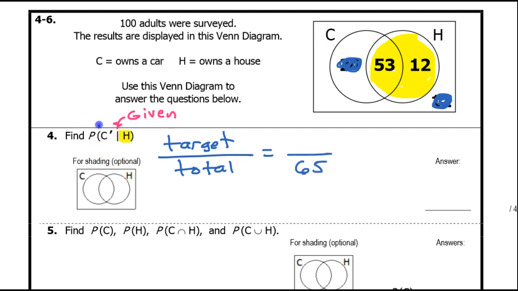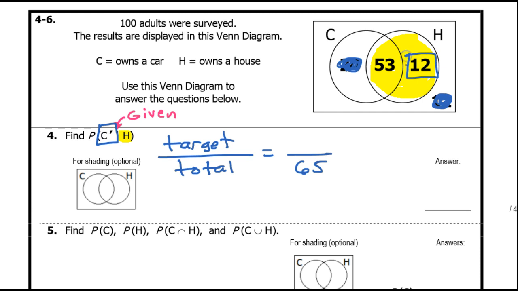Now, the target is going to be this part right here, not C. So which of these numbers represent not C? Well, 53 represents the remaining car drivers. So not C will be the 12.